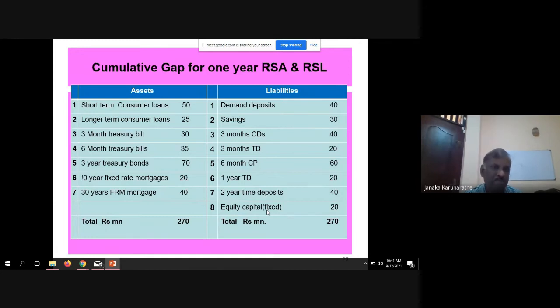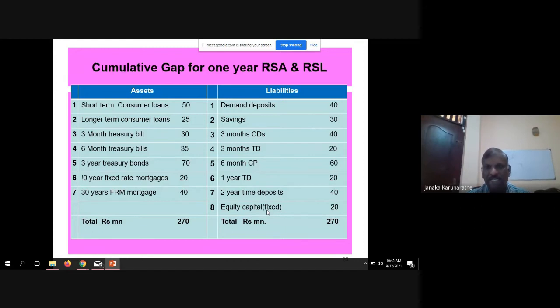So the possible RSA elements are short-term consumer loans 50, treasury bills 3 month 30, that is 80, 6 month treasury bill 35, that means 115, and the last item, 30 years floating rate mortgages, around 40. So the rate sensitive assets over the 1-year period would be around 155 million, which are subject to repricing.